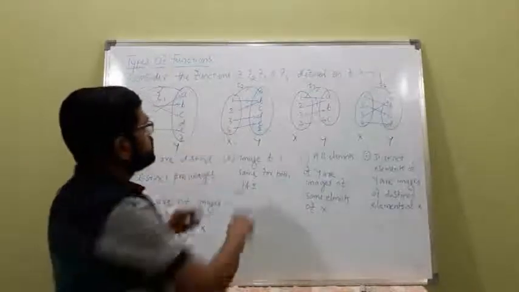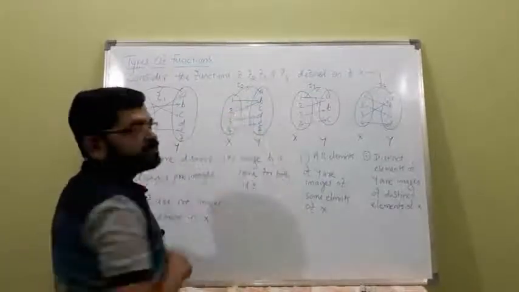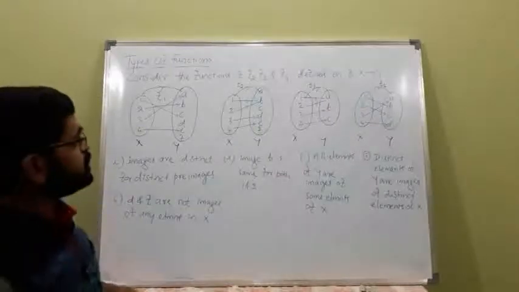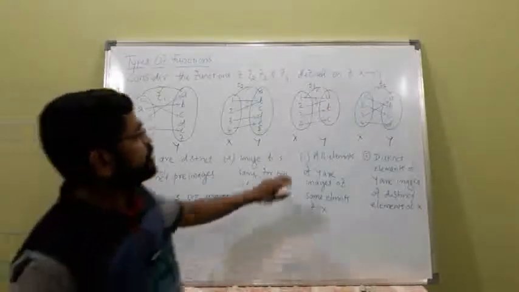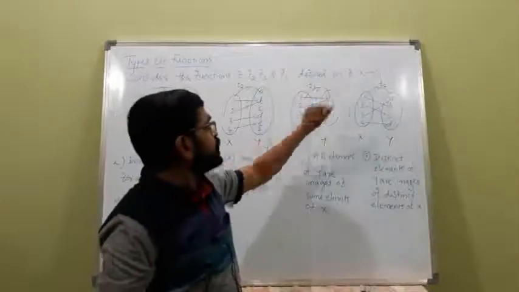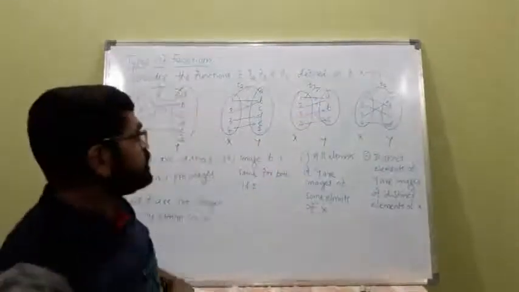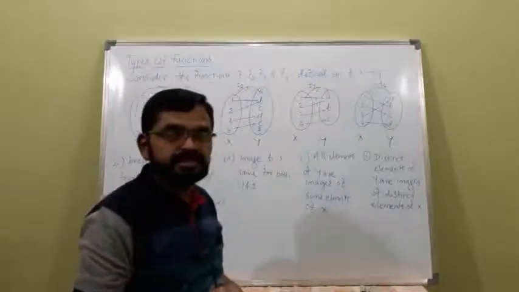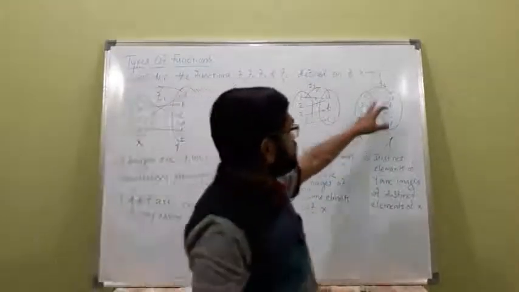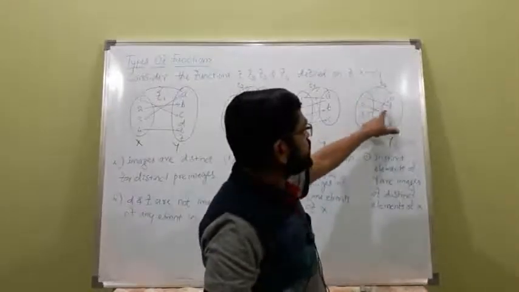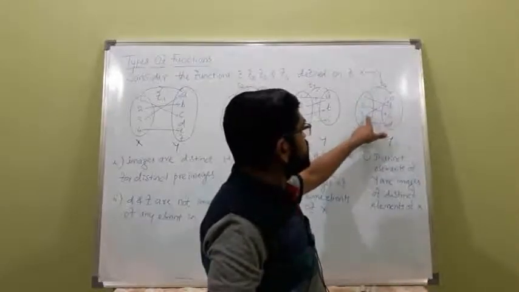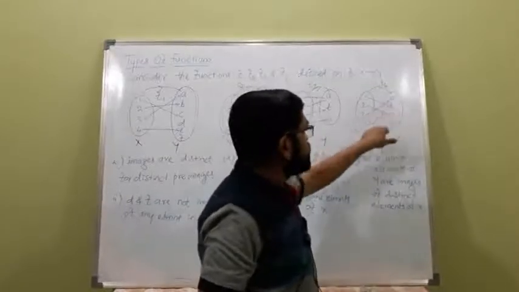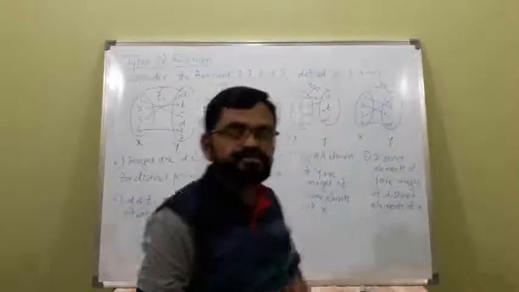Whereas here 1 to B and 2 to B, so 1 and 2 have the same image B, whereas 3 and 4 have B and C respectively. Function 4 is 1 to B, 2 to C, 3 mapped to A, 4 to D.